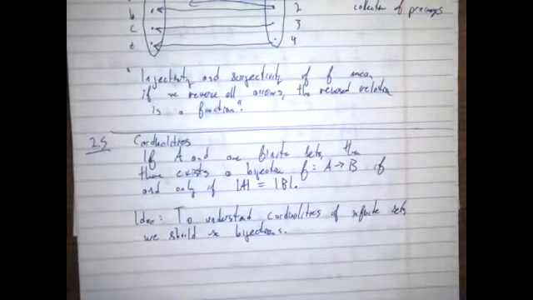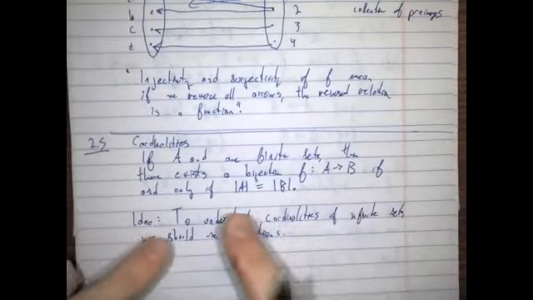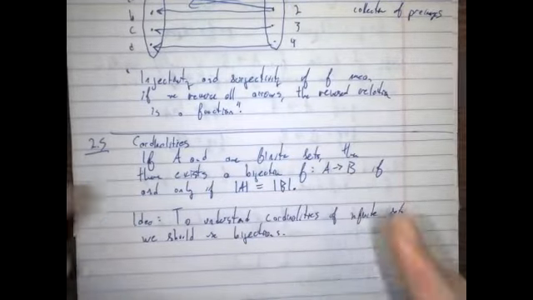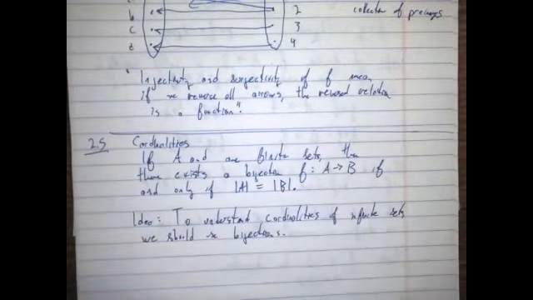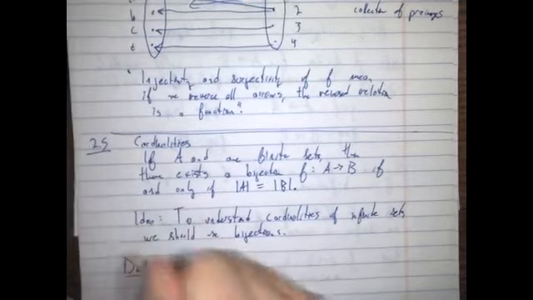In other words, in the finite case, we were able to know that two sets were of the same size if and only if there existed a bijection. Now we can define for infinite sets two sets to have the same cardinality if and only if there exists a bijection between them. So here's the definition.